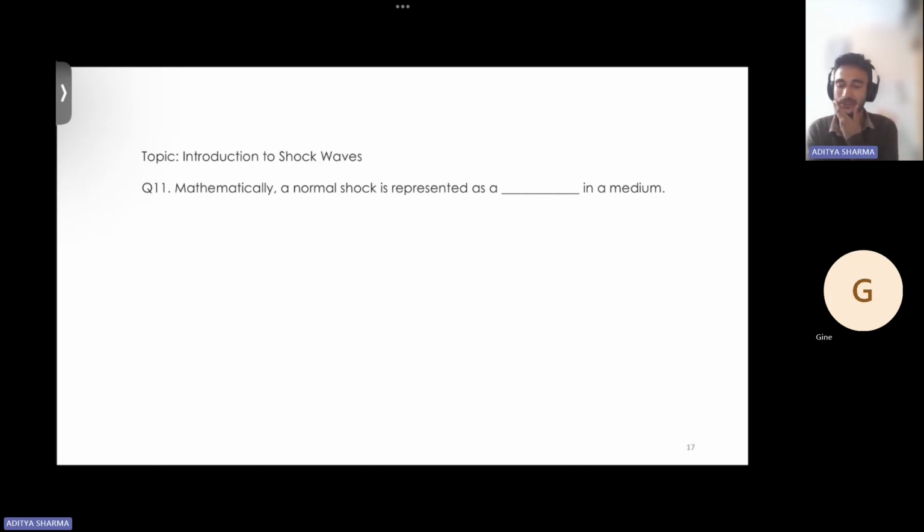So mathematically, a normal shock is represented as a dash in a medium. As per the options, you have to answer.